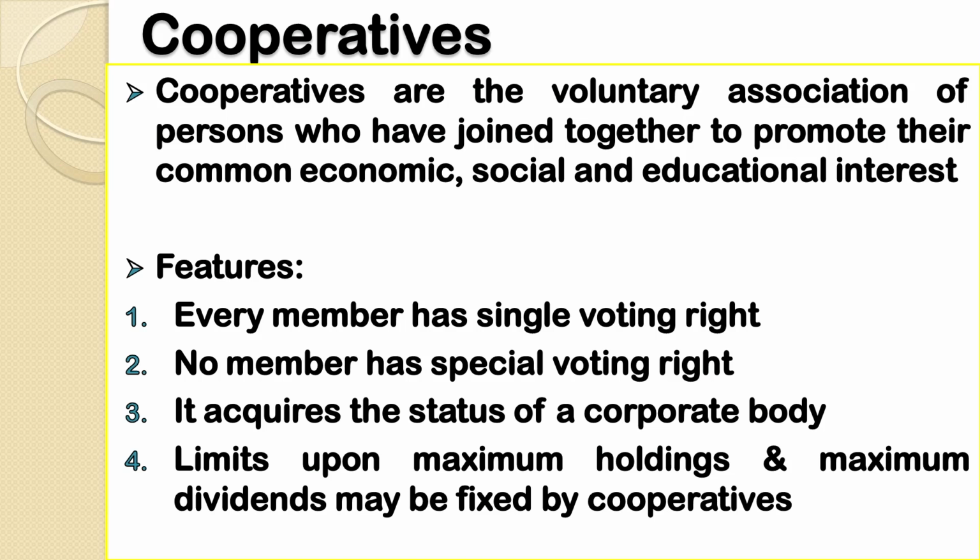Since it is a registered body, it acquires the status of a statutory body, that means it has a separate legal entity. Also, limits may be prescribed upon the distribution of the maximum amount of dividends to the members, as well as the maximum amount of holdings by the members in a cooperative.